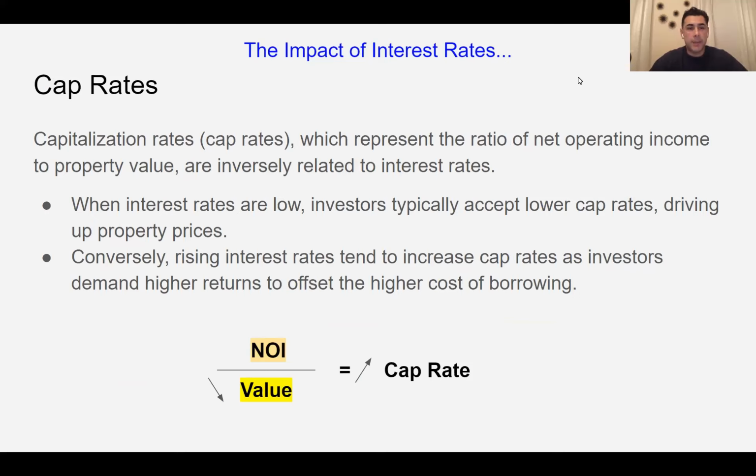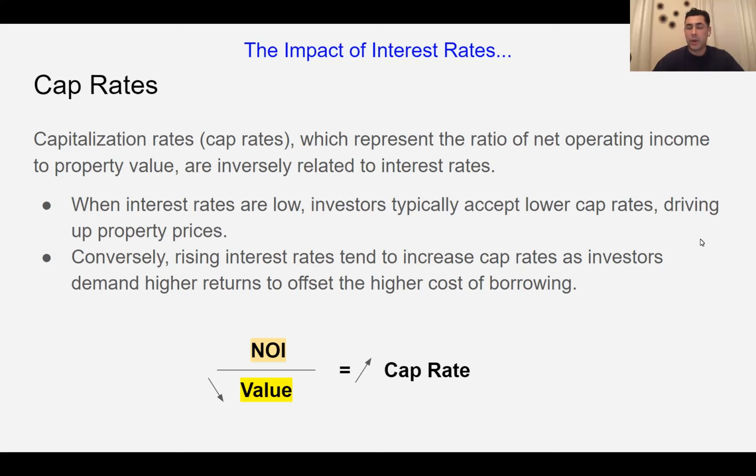Next slide. Now, in regards to cap rates, when interest rates are lower, investors accept a lower or more compressed cap rate, which drives the value of the property higher. In retrospect, when interest rates are higher, investors need higher returns on those properties in order to offset the cost of borrowing.